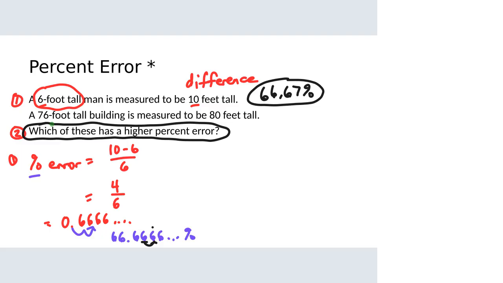So we found the percent error for the man. Your job is to find the percent error for the building and then decide which one has the higher percent error.